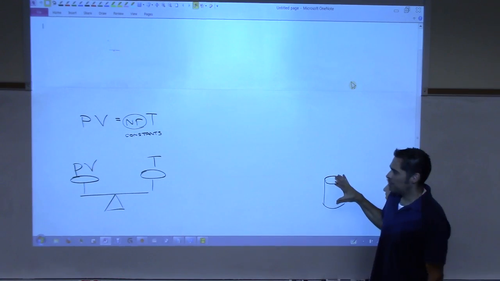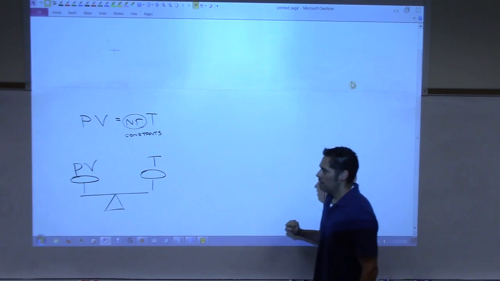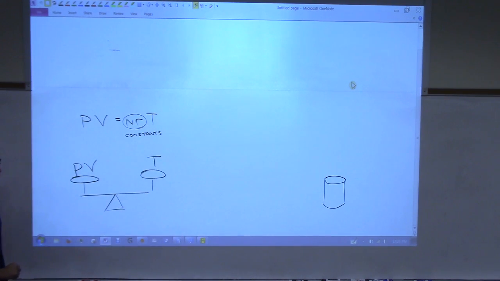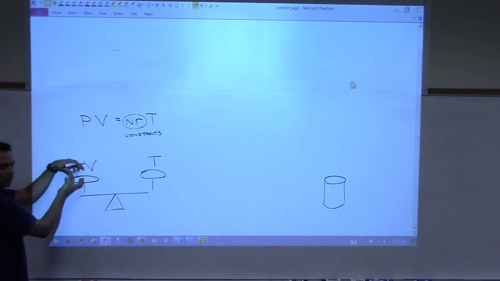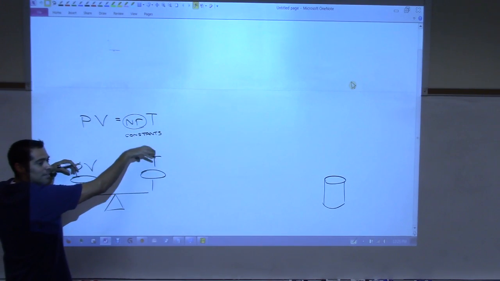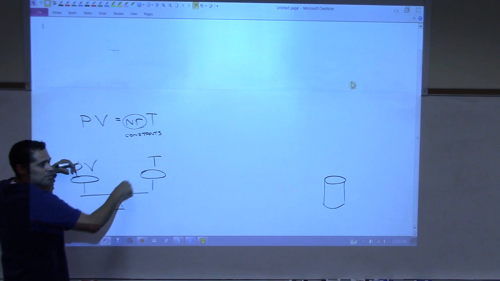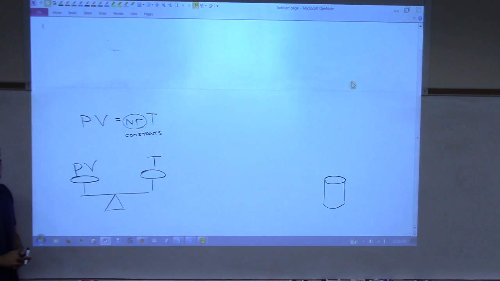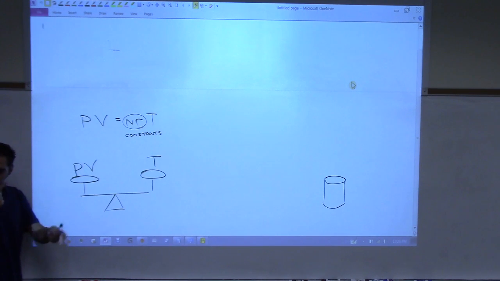If you have a sealed container and you increase the pressure, I add more pressure, then the only way to keep this balanced is to add more to this side. So if you increase pressure, temperature must go up. Reverse that.